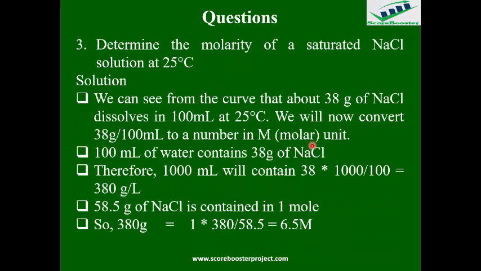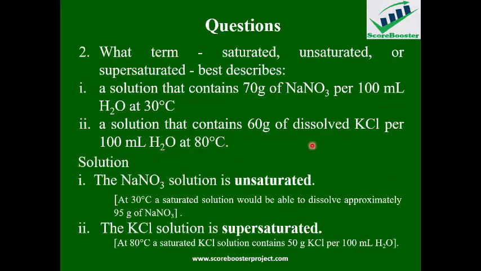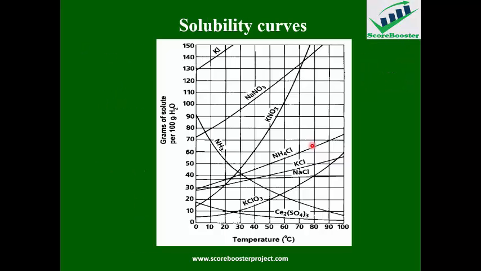So the third one is we are to determine the molarity of a saturated sodium chloride solution at 25 degrees. So we look at that table as usual. Sodium chloride at 25 degrees. This is 30, this is 20, 25 is around here.